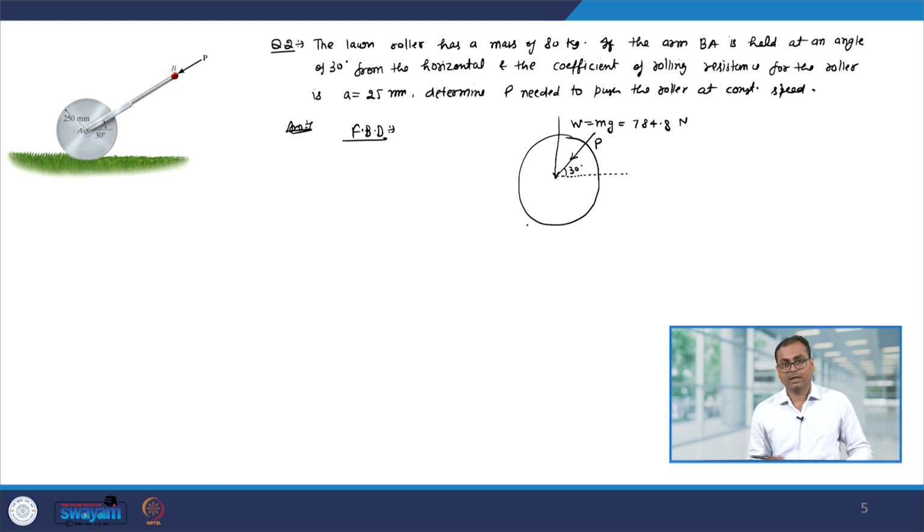So, I can decompose this force into the normal and the horizontal force. So, this will be P cos 30 degree and that will be P sin 30 degree. Now, for the dynamic equilibrium, a reaction force R is going to act on this, okay, and let us say it acts like this.